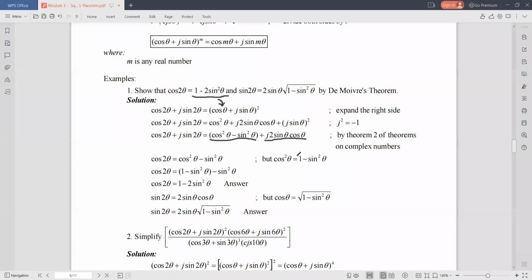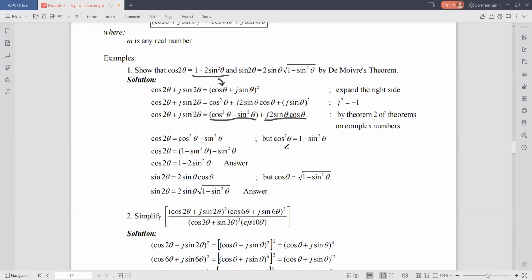Again, you determine it using theorem number 2 of complex numbers, so you identify your x and y. For this case, cosine 2 theta is equal to cosine squared theta minus sine squared theta.